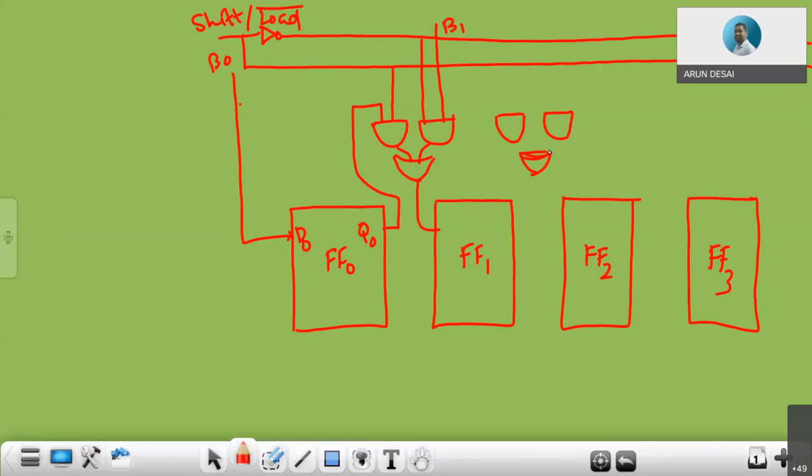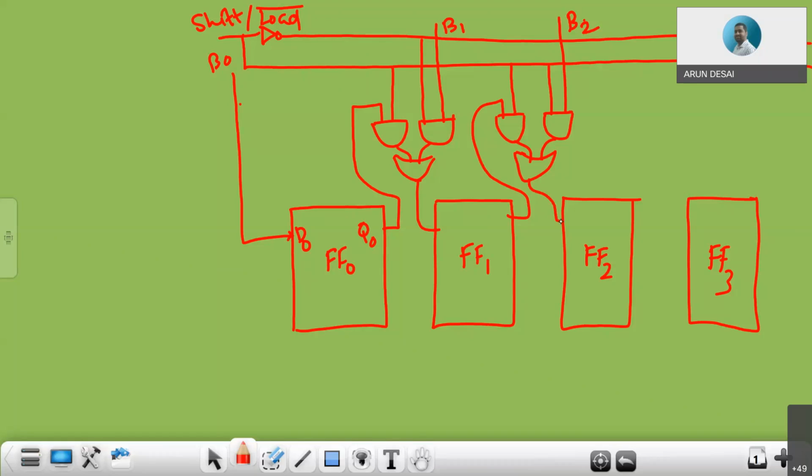This is an OR gate, right? So data is shifting with this and data is loading with this, right?